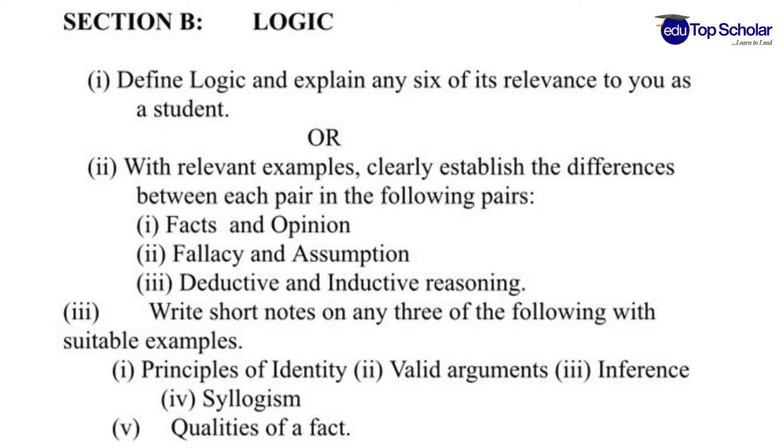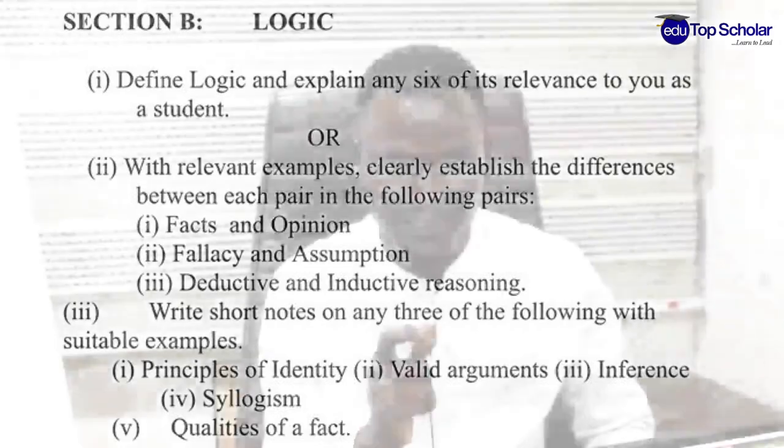All right. Number one, facts and opinions. What are facts? Facts can simply be defined as universal realities or universal truths. Again, facts are universal truths, while opinions are subjective beliefs.